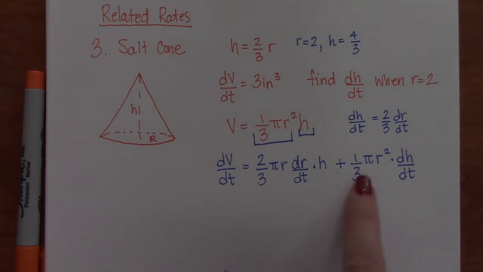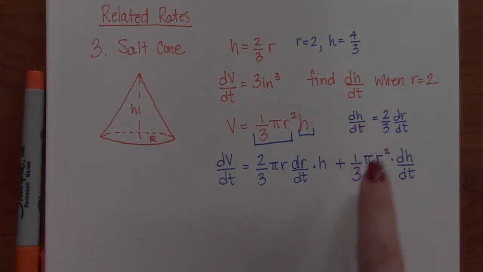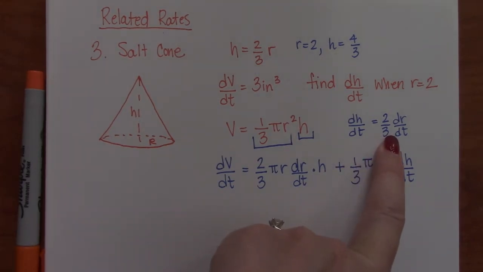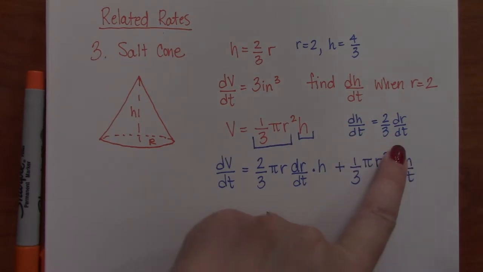So now, the other common mistake I saw in this one in class is everybody found dr/dt, because the way we gave you the relationships, it was easier to replace the h's than it was the r's. So what you want to do here is we can go ahead and plug in the values we have, but I actually need to replace dr/dt in terms of h rather than the other way around.